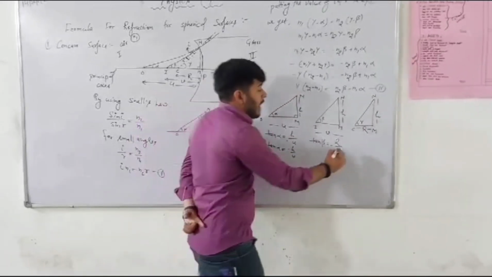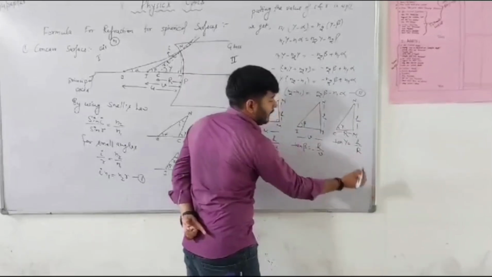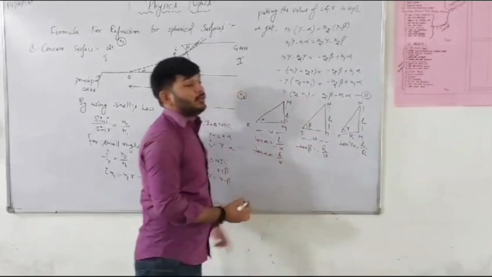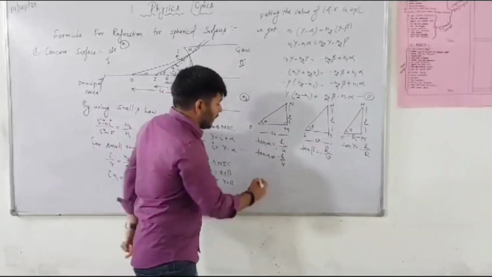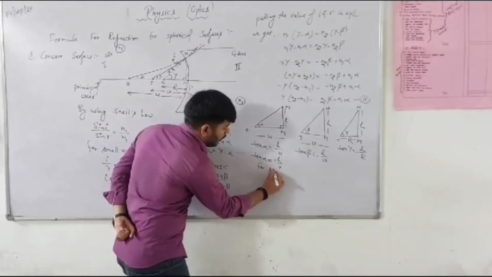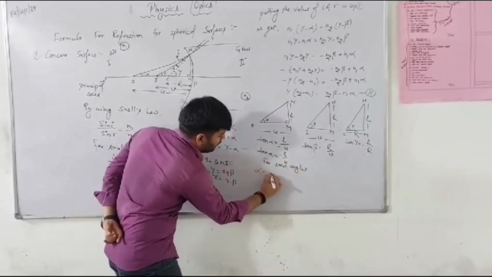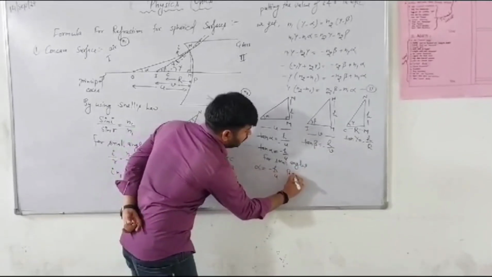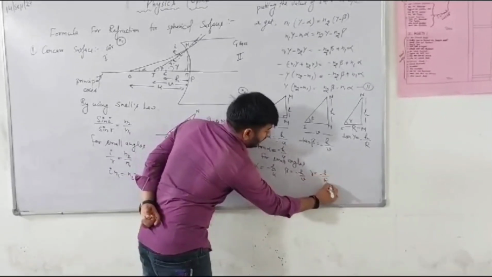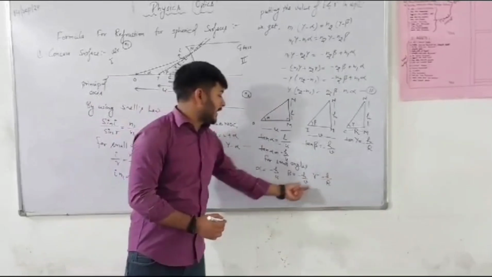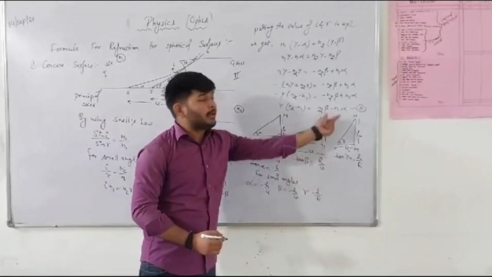So tan gamma will be equal to h upon r, and again it will be minus r since it is also on the left side from the pole. Now for small angles, alpha will be equal to minus h upon u, beta will be equal to minus h upon v, and gamma will be equal to minus h upon r. Now we put the values of alpha, beta, and gamma in equation number 2.